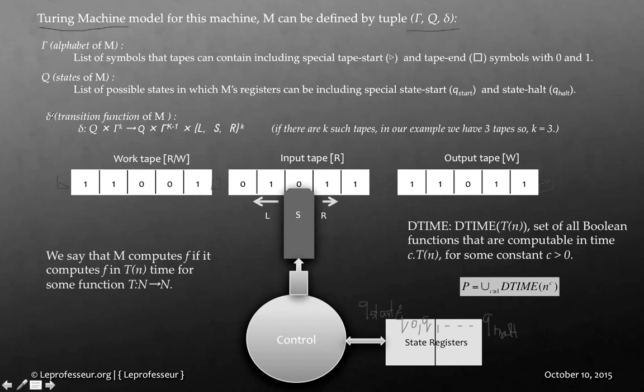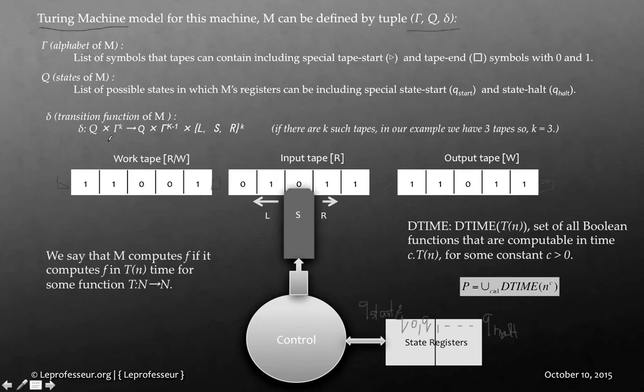All right, and then we have this set of states, and we have delta, that is the transition function. So what is the transition function? Let's say k is the number of tapes. Here we have 3 tapes, so k is 3.